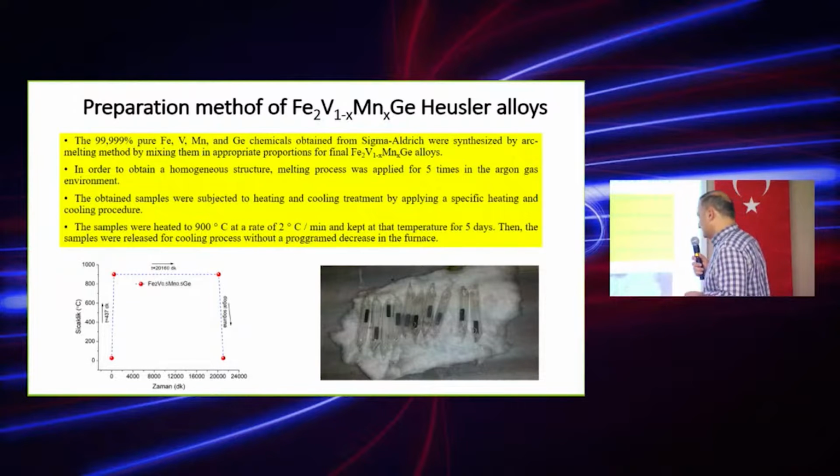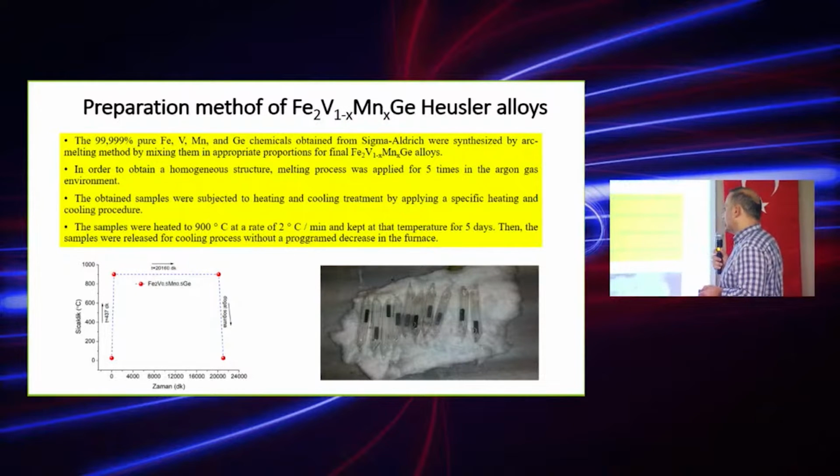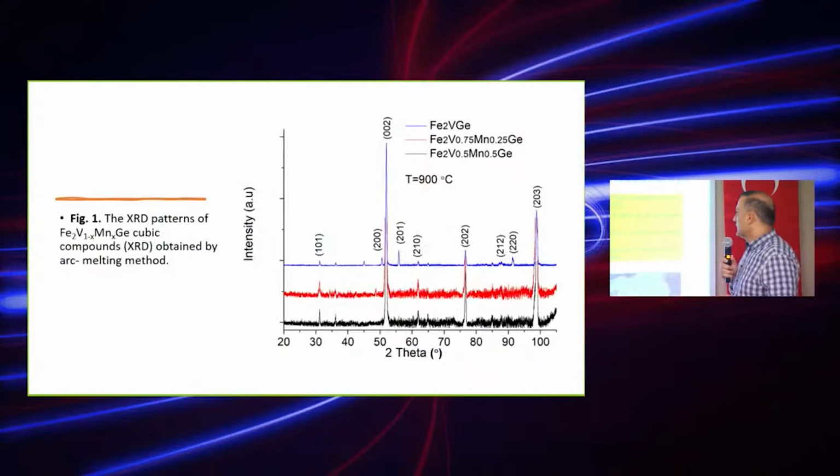So this is our specific heating and cooling treatment. At first, the samples were heated to 900 degrees centigrade at the rate of 2 degrees centigrade per minute and kept at that temperature for 5 days. Then the samples were left to cool without any programmed decrease in the furnace.